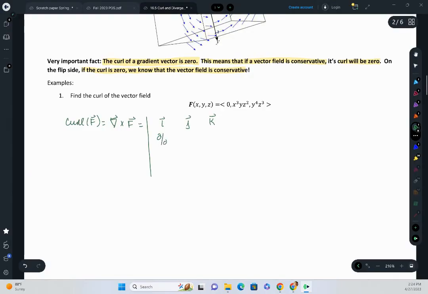We have del del x, del del y, and del del z across the second row. We have 0, x cubed yz squared, and then y to the 4th z cubed in the third row. Okay, once again, I'm going to highlight where I start and cross out that row and column.